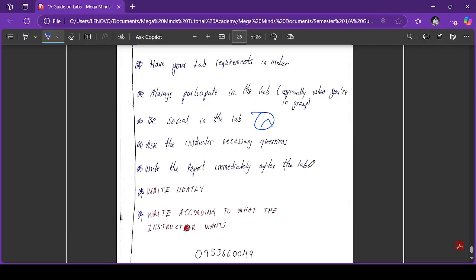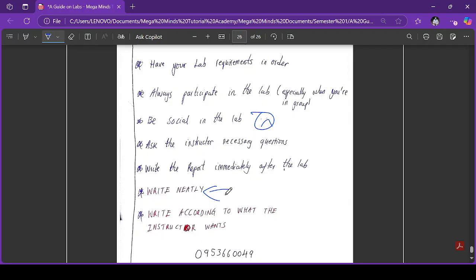Also for all the other people doing lab-based programs, a very important thing is to write neatly. I can assure you that if two people write the same lab report, with the exact same things, the way the information is presented will result in a difference of marks.